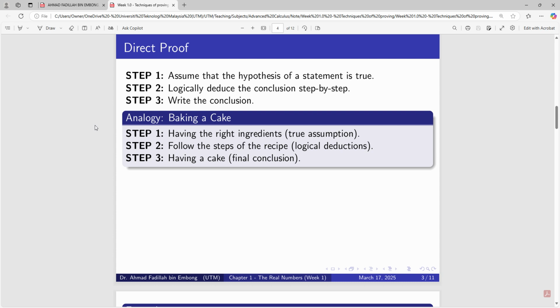So this is just a direct way. It means that in our analogy, we have the right ingredients, we follow the steps given by the recipe, and after doing all the things you will get a cake. So it's just a direct case.